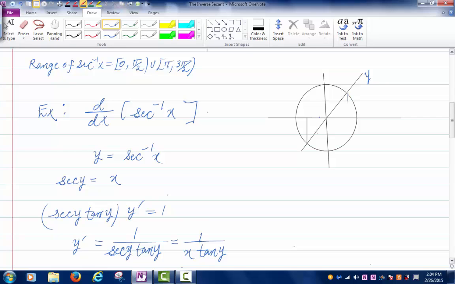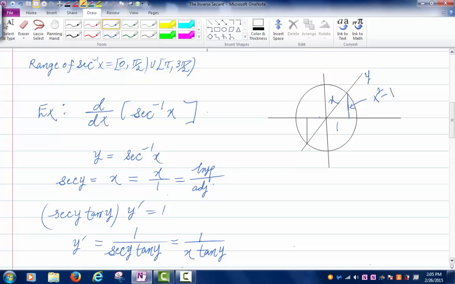In that case, what's the reference triangle? Well, notice that secant of y is x, which is the same as x divided by 1. And what is secant? Hypotenuse over adjacent. Well, what should I pick for hypotenuse? X. I should pick, for the adjacent, 1. By Pythagoras, what is the opposite?